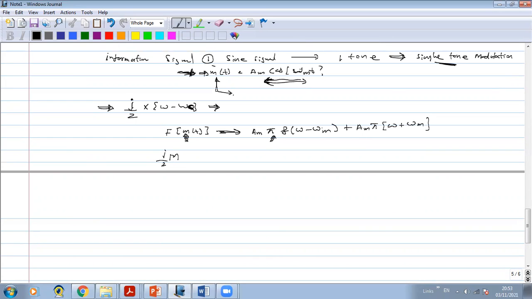So I will represent the spectrum as capital M. So omega minus omega c, I have a m5 delta omega minus omega m, and this is shifted with omega c, plus a m5 delta omega plus omega m, shifted again by omega c. Okay, so I have these two terms.